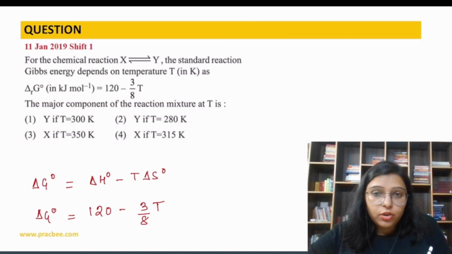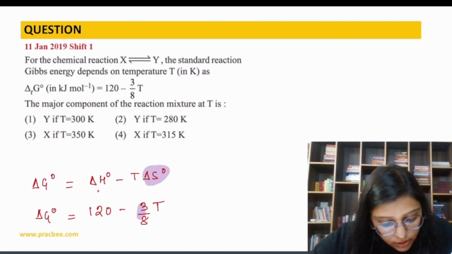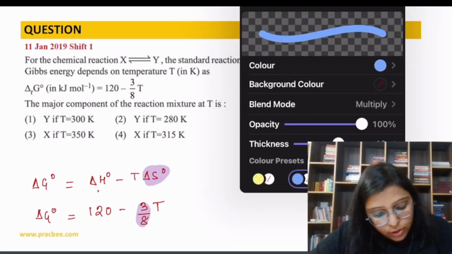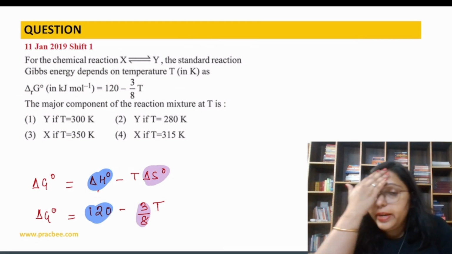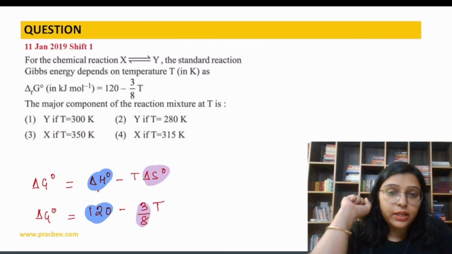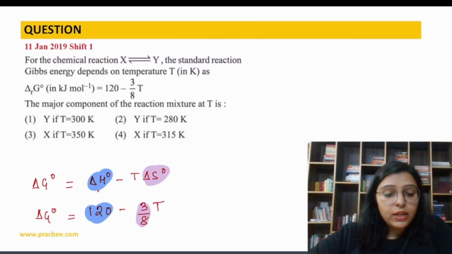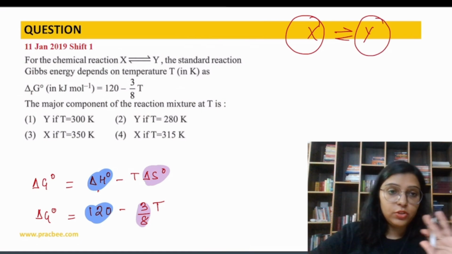So delta H naught is 120 and delta S naught is 3 by 8. Okay. So the point is that the question says the major component of the reaction mixture at T is, whether X is in major amount or Y is in the major amount.